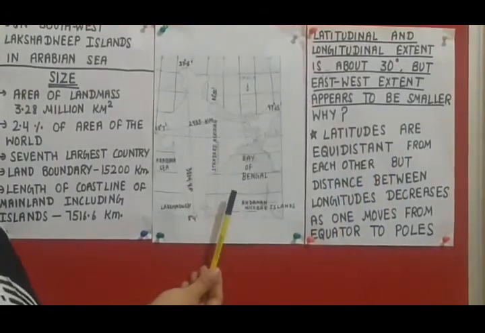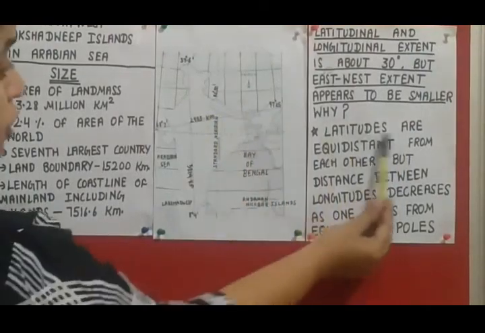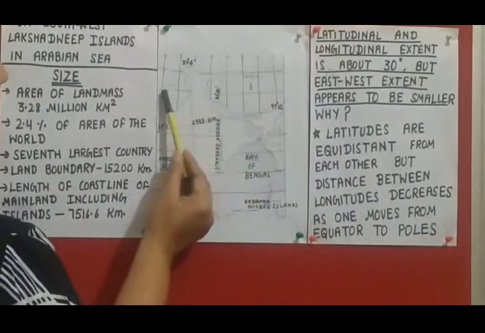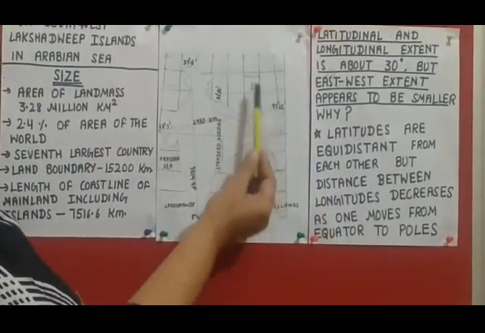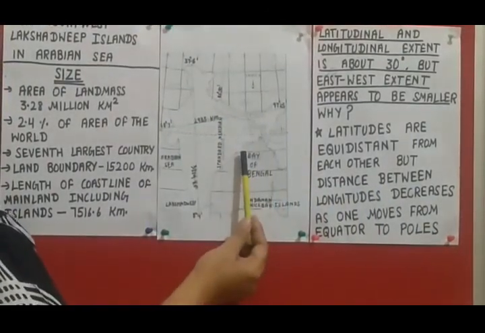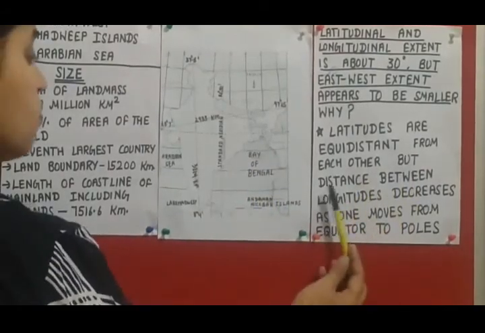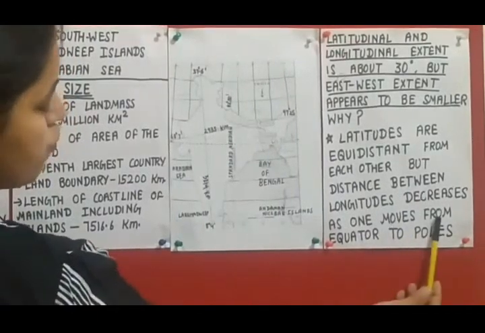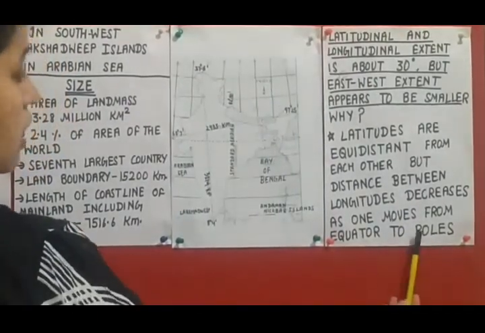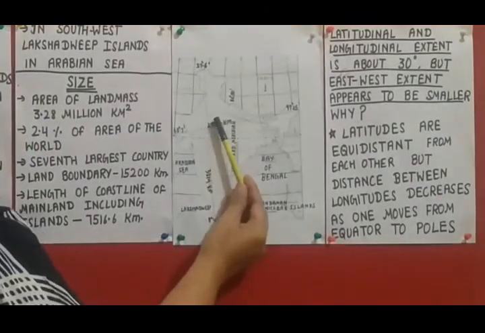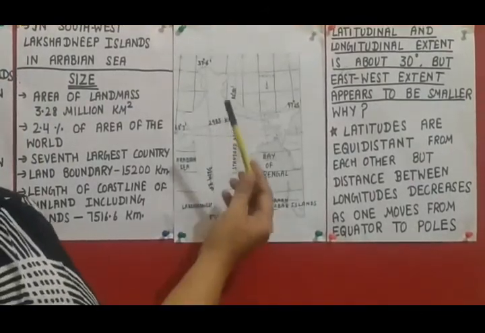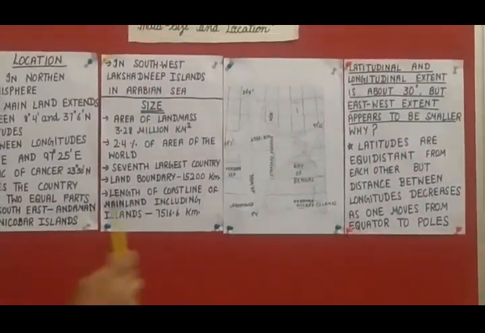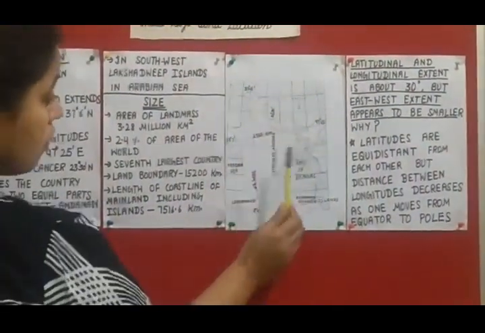What is the reason? Because latitudes are parallel to the equator, so they are equidistant from each other. But the distance between longitudes decreases as one moves from the equator to the poles. That is why there is a difference between these two extents, right?